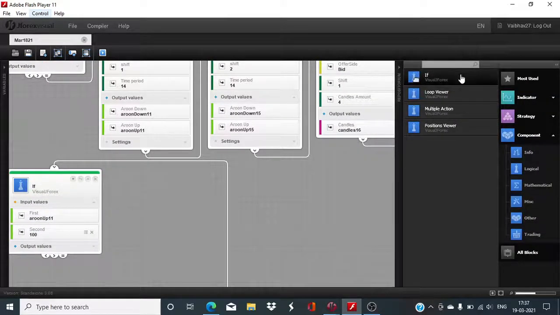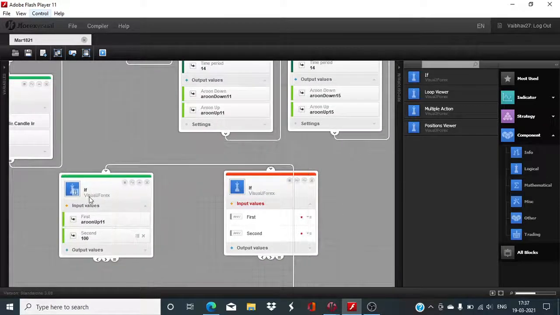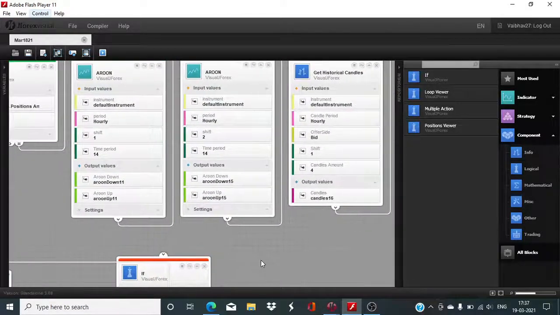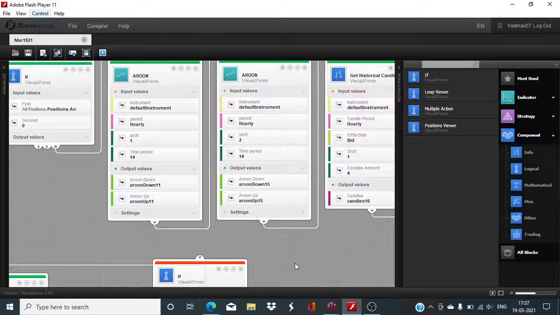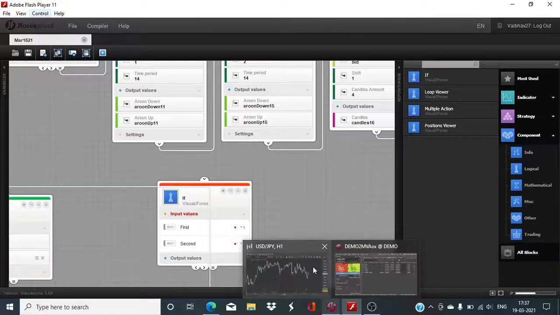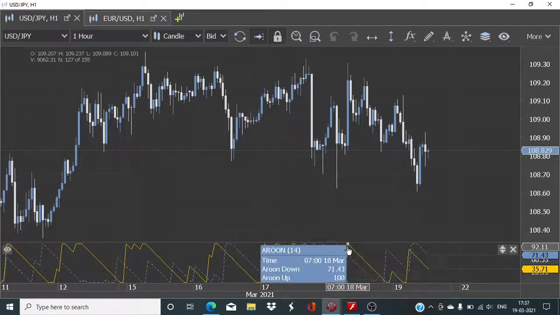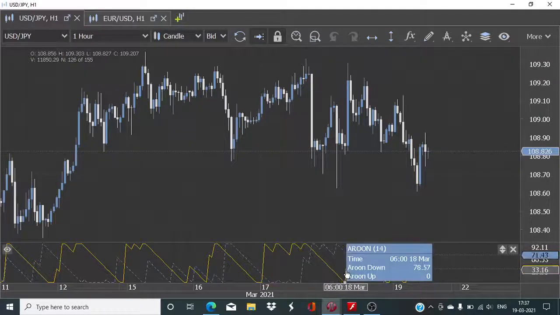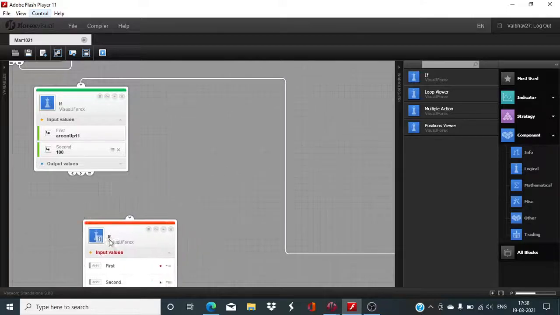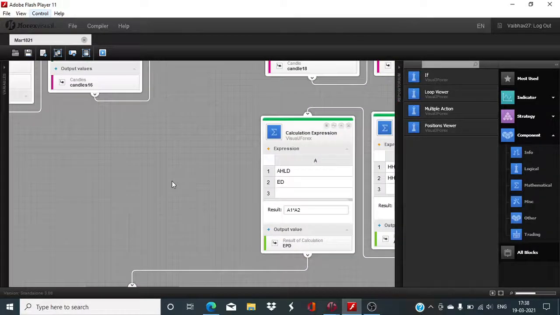But as I see, to do the comparison, we will need to take two more Aroon blocks, as we have to also make sure that this is the trend change. So what we will need to do, current Aroon up should be above Aroon down, but 1 hour back Aroon up was below the Aroon down. So for that we will need two more Aroon blocks, which we missed out adding in yesterday's session.